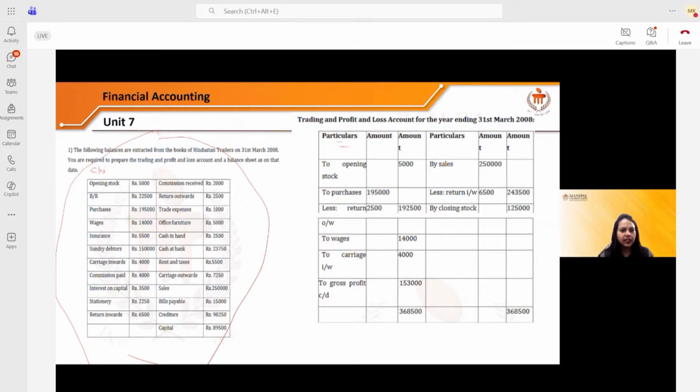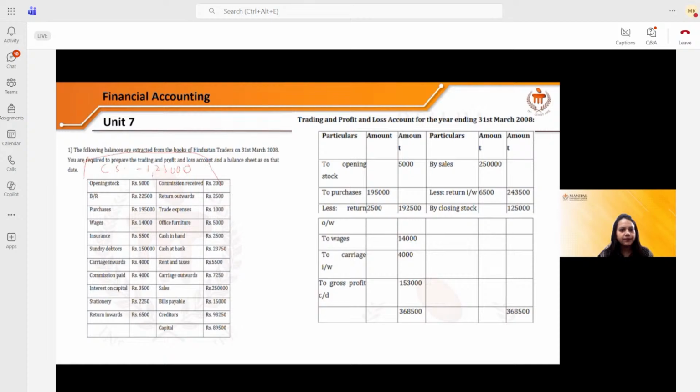The closing stock is 1,25,000. It has not been written over here, but I have written it. CS means closing stock is 1,25,000. It is included in that numerical.